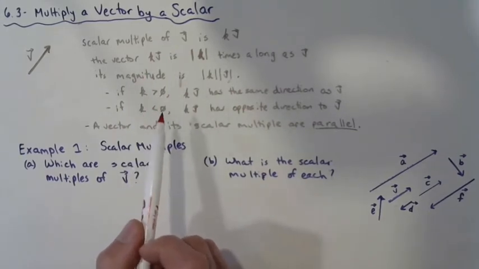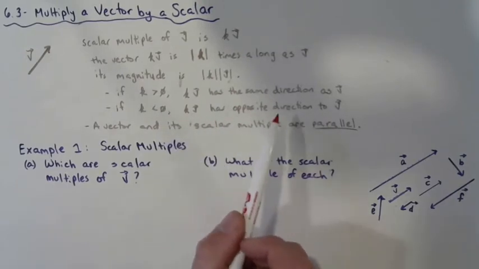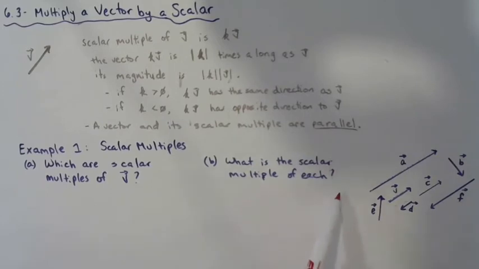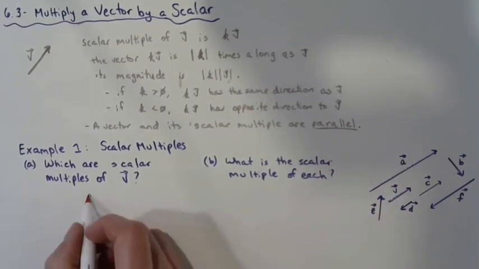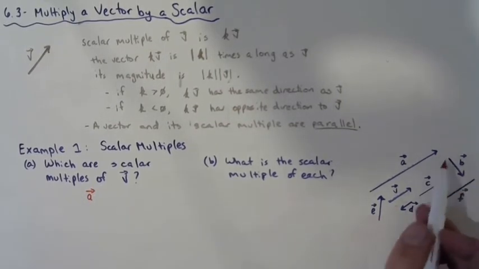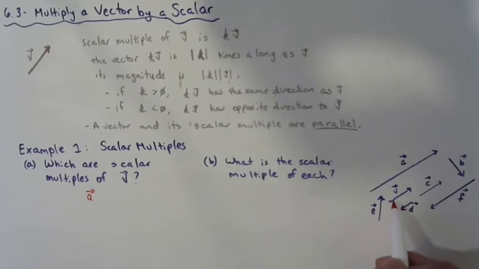But k can be less than 0, which would give the vector the opposite direction. So we're looking for any vectors that are parallel to vector v.